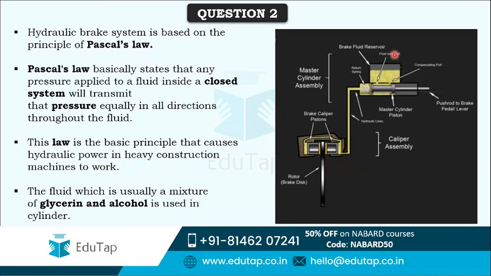The fluid in the tank is usually a mixture of glycerine and alcohol. So you have to remember these things: first, hydraulic brake works on Pascal's law. Second, the fluid used in this is glycerine and alcohol. And here we have the working of this system, you can clearly see. Now let's move forward to our next question.